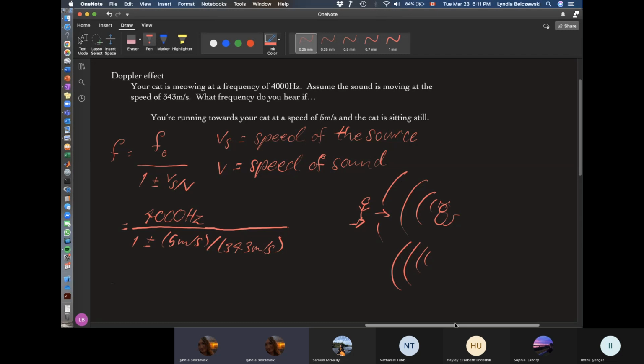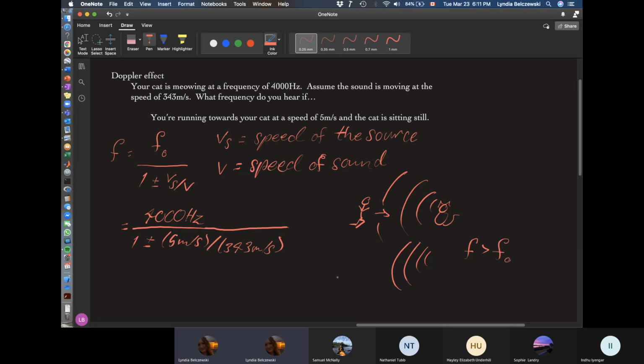Closer together means that the frequency is higher because you would have more cycles or more waves in a shorter distance. So the frequency that you should observe should be higher than f naught. So based just on this reasoning, you can say that f should be bigger than f naught.